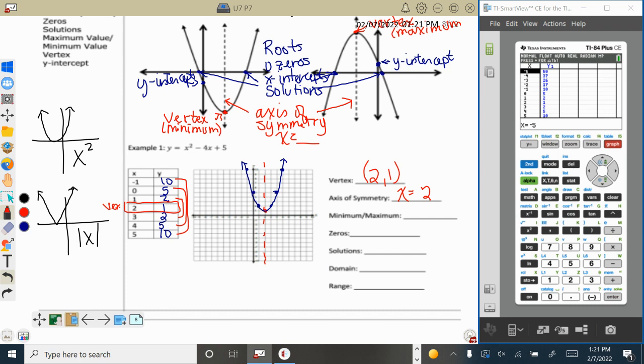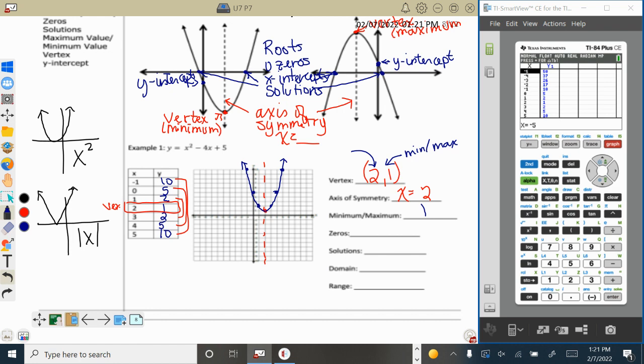Our minimum or maximum comes from our vertex. It's the y value of our vertex, and that is 1. Okay? So this is our min/max number.